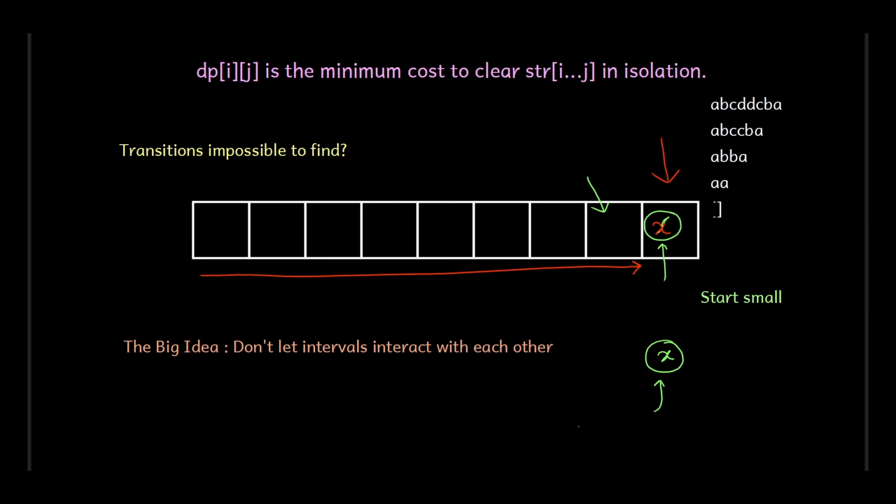Otherwise, if you don't want to apply it alone, then it means that on the left hand side another x should appear, because either this x appears alone when you are applying this operation, or it appears with a series of x, and then they are all together, and then you collapse all of them at once.